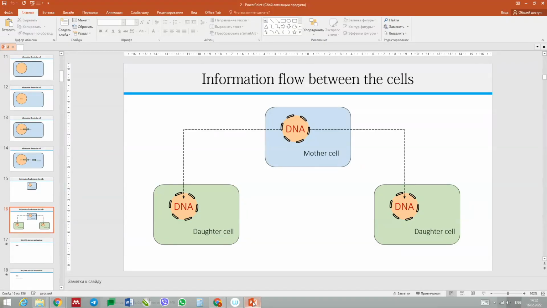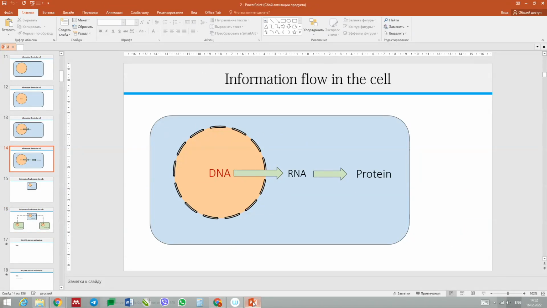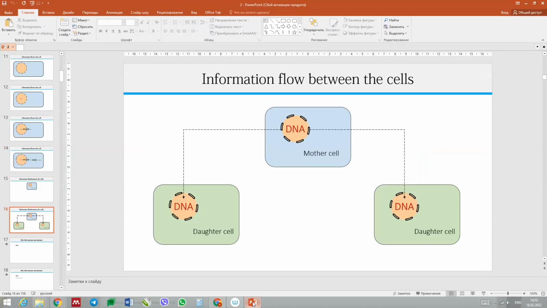And each new daughter cell, in order to be able to perform the same functions that were possible for the mother cell, needs the same amount and quality of genetic information. And DNA is responsible for transfer of information from mother cell to daughter cells. So once again, DNA is used for information that is necessary to construct a protein, but also DNA is used for transfer of information from mother cell to daughter cells.